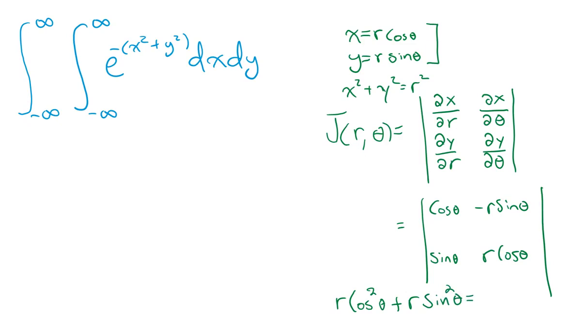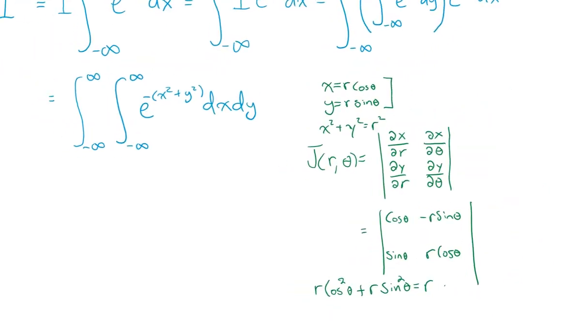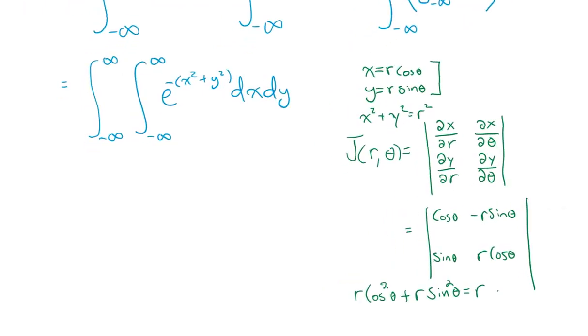Now if we pull out this r, we'll get cosine squared plus sine squared theta, which is just equal to 1, so this equals r. So what we know now is that dx dy is equal not to dr d theta, but rather to r dr d theta.